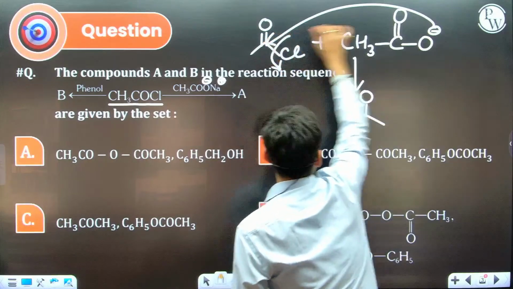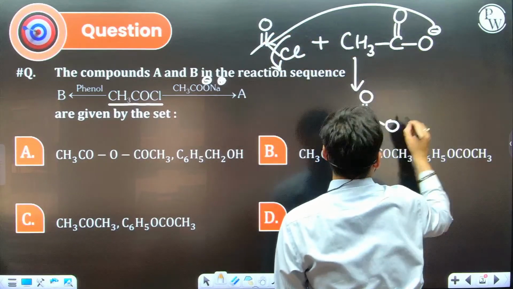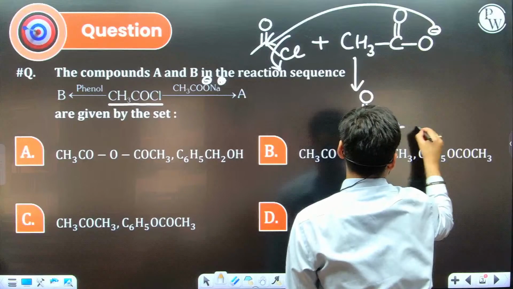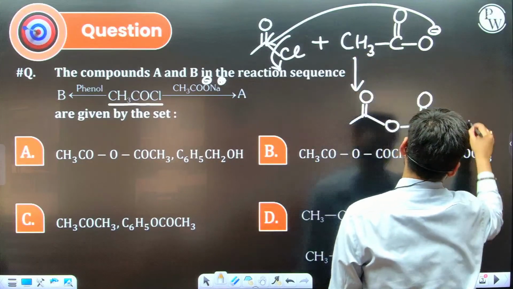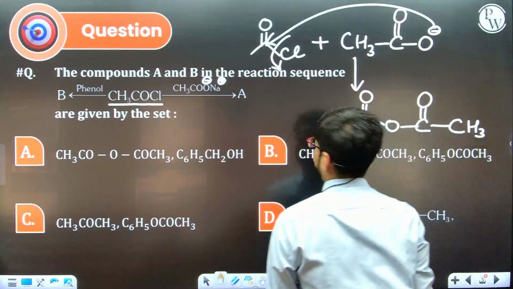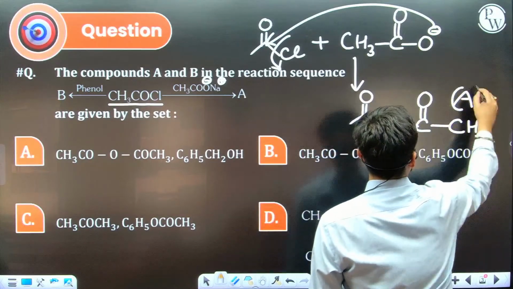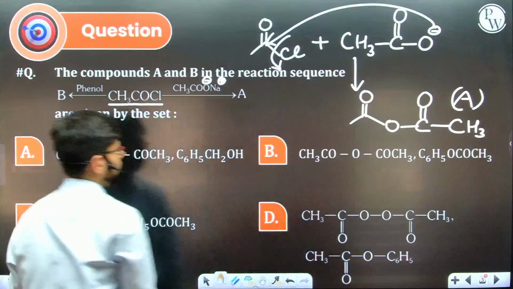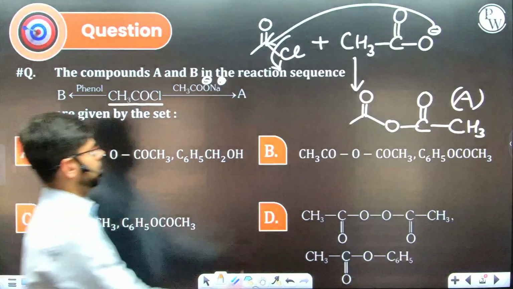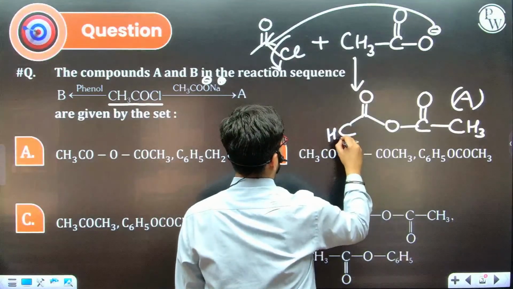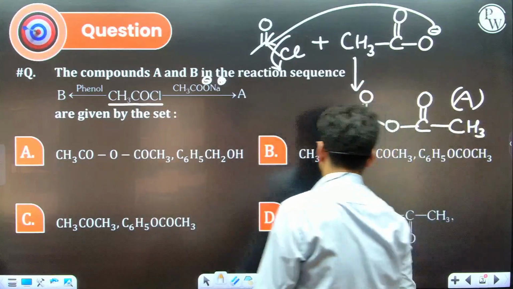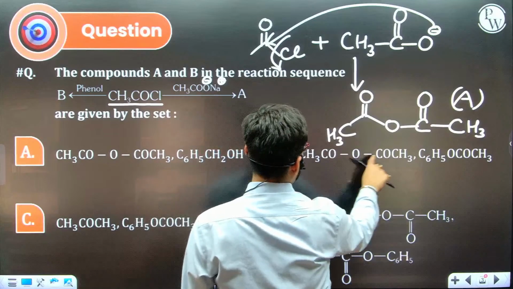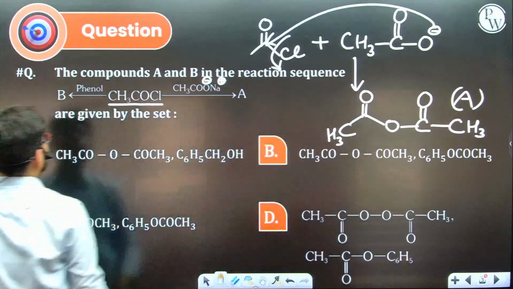To this carbon I will attach this oxygen O, and then O is attached to CO, and then CO is attached to CH3. So this is A. CH3COOCOCH3.